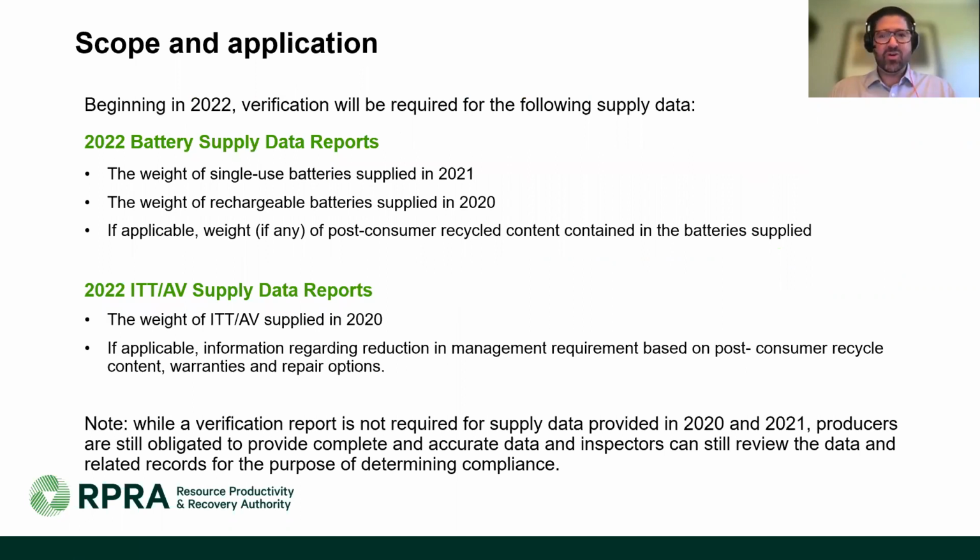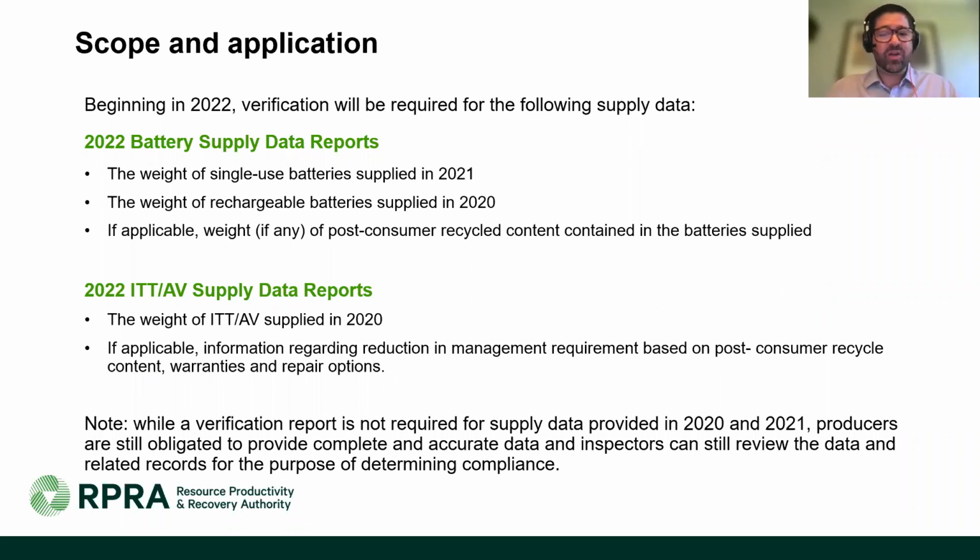Okay, scope and application. So I'd like to highlight a few items here. So starting next year, verifications will be required for battery supply data, including the weight of single-use batteries supplied in 2021, the weight of rechargeable batteries supplied in 2020, as well as the weight of any post-consumer recycled content contained in either rechargeable or single-use batteries.